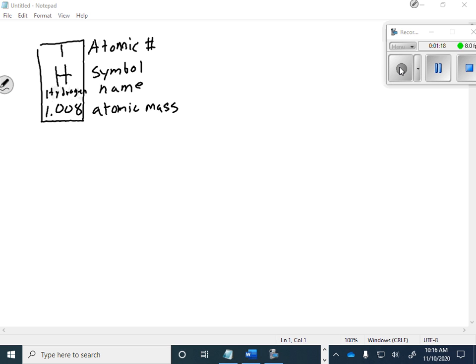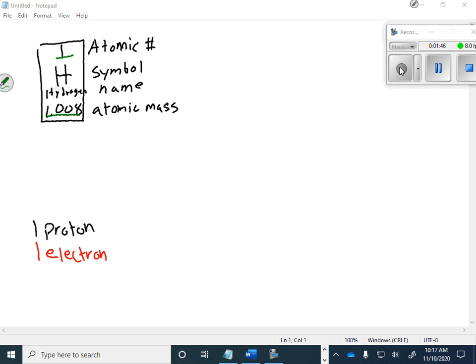So the atomic number tells us that we have 1 proton. And if we have 1 proton, that means we have 1 electron. And then our atomic mass minus our atomic number.